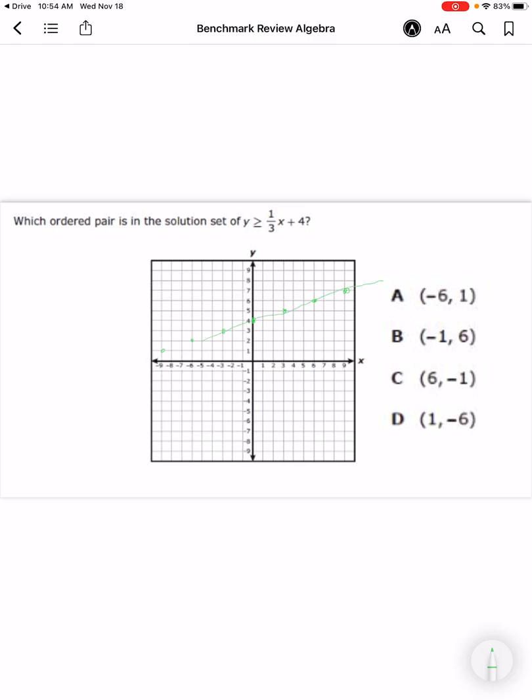I'm making a solid line because there's a line under my sign. And then it says greater than, so I want to shade above. And I'm looking for the ordered pair, A through D, that is in the shaded area above that line, or if the point is on the line.